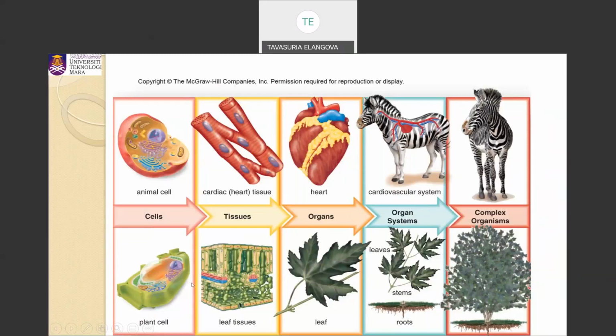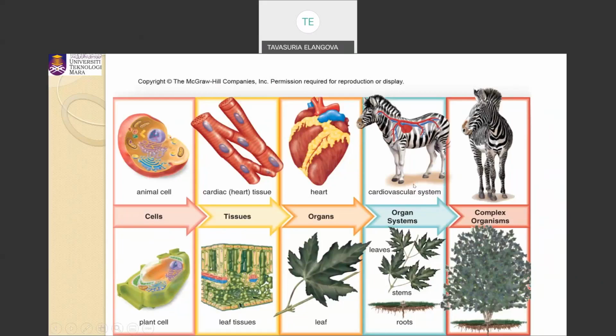For the plant, let's say the leaf as an organ. How can you construct the hierarchy based on the leaf? Of course the cell is a plant cell, and then the tissue must be the tissues in the leaf, and then the leaf, and then the leaf makes up the shoot system, and then the organism is a tree.